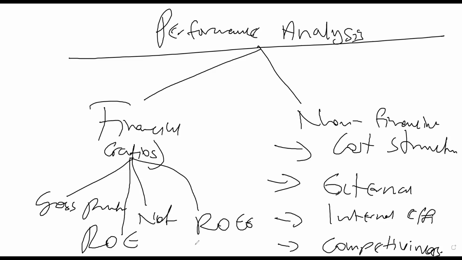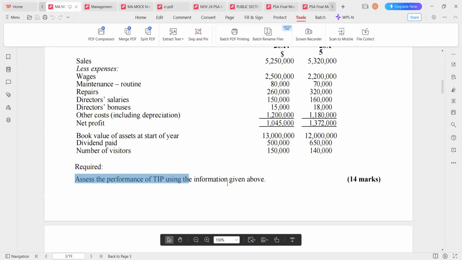All right, so there's a question before us. I just want to scan through two questions on how to write the report for us. First, all you have to do is get the requirement clear. They say we should assess the performance.